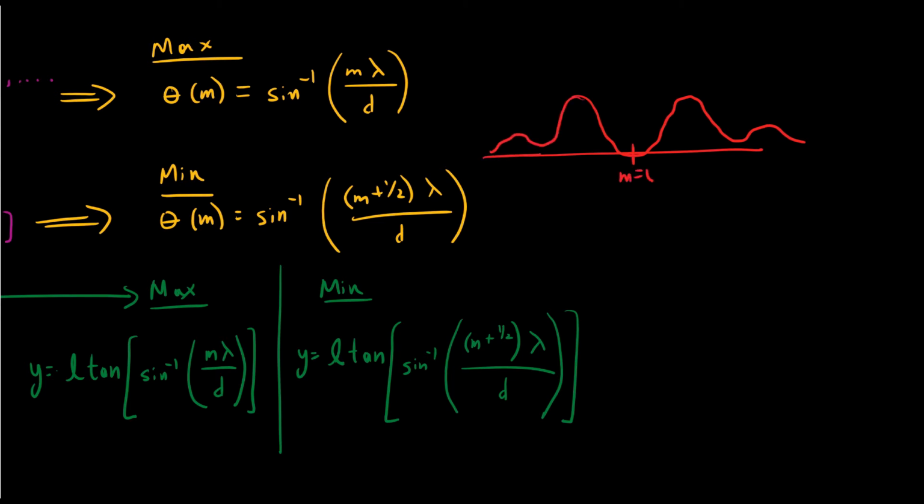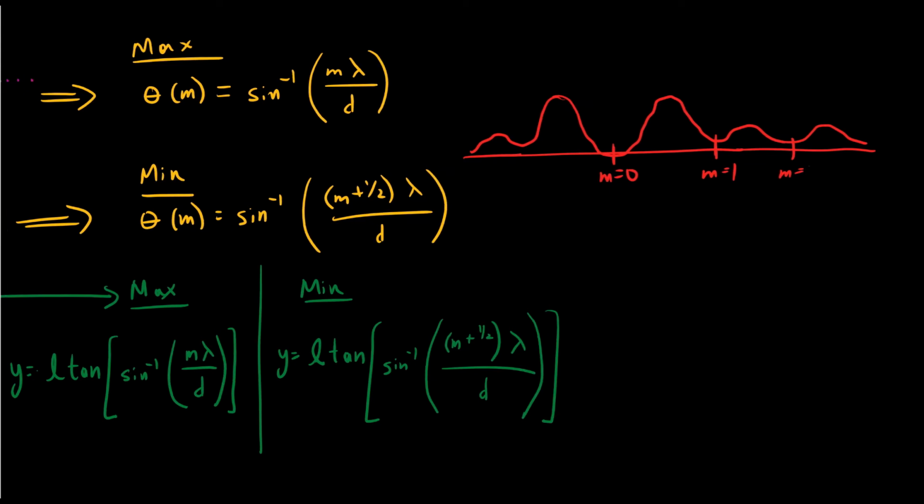If our central point is a minima, we realize that every intensity minima is now going to be an integer. And likewise, every intensity maxima will correspond to a half integer.